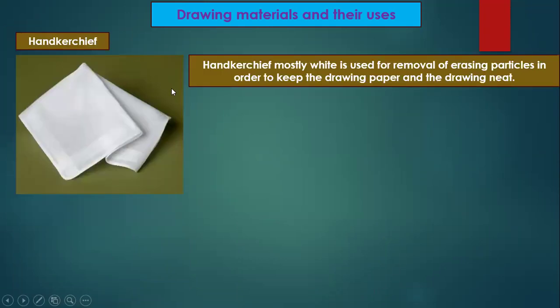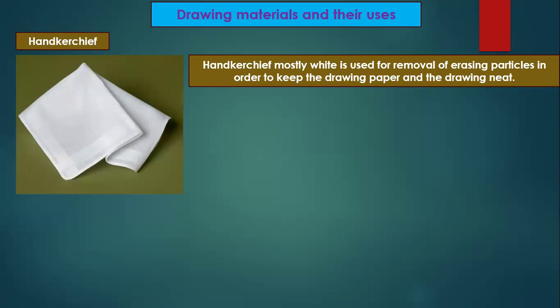Then we have handkerchief. You'll be thinking, why are we making use of handkerchief in technical drawing as a drawing material? So we need it. Whenever you erase a mistake on your drawing paper, you are not expected to use your bare hand to remove the particles of the eraser. Why? Because if you use your bare hand to do that, it may get your paper stained and the work may get stained.